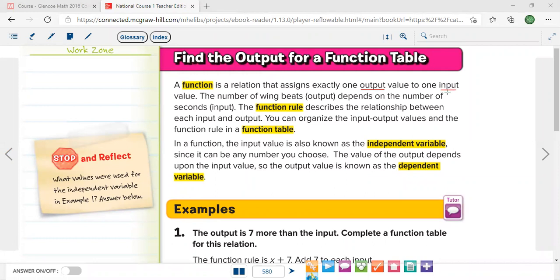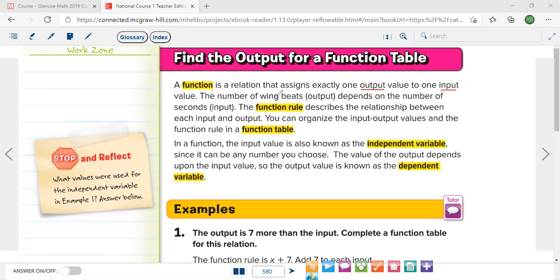So we have input and output. Input usually will be the value of the variable and the output is the answer. So input is the variable, output is the answer.